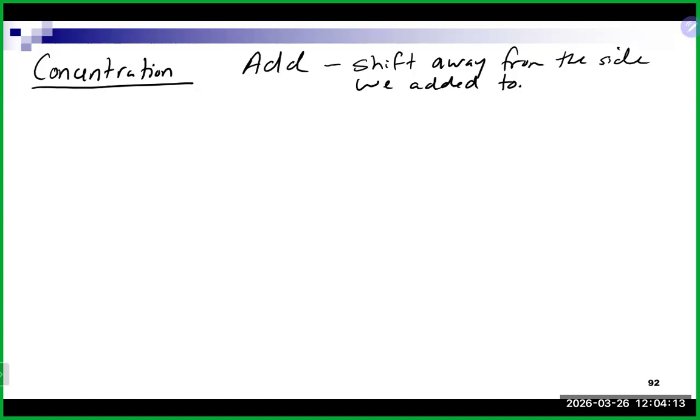Add away, AA, is a good way to remember that. If you add reactants, it goes towards the product side. If you add some products, it goes to the reactant side.